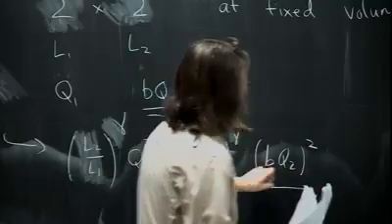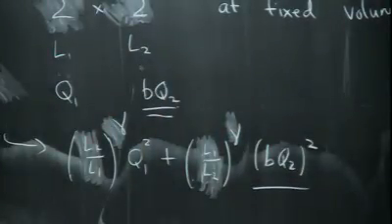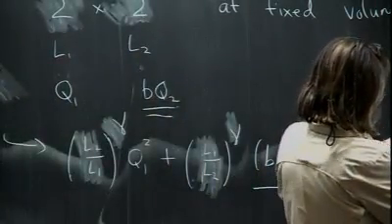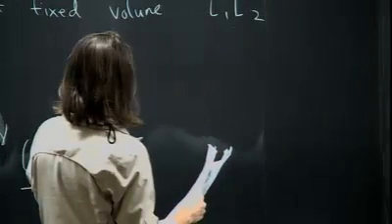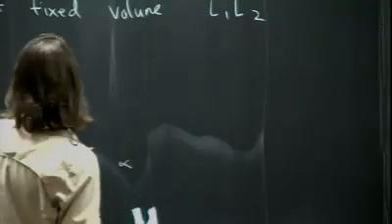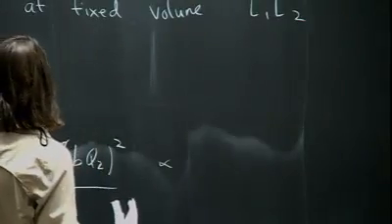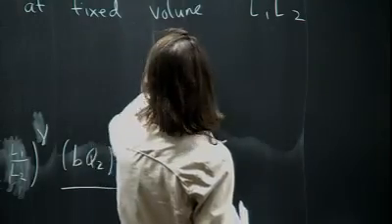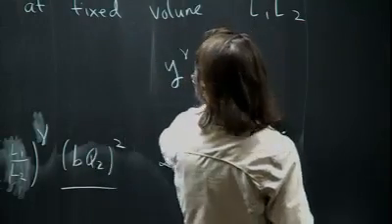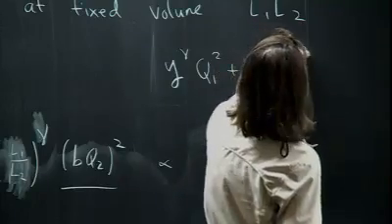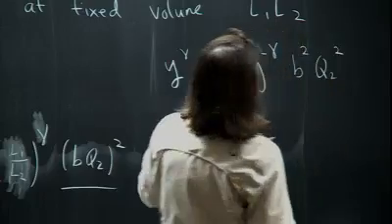And furthermore, in general, in string theory, it depends not just on the fluxes themselves, but on the axions. In this situation, you can solve for B here. So this is of the form y to the gamma q1 squared plus y to the minus gamma b squared q2 squared.